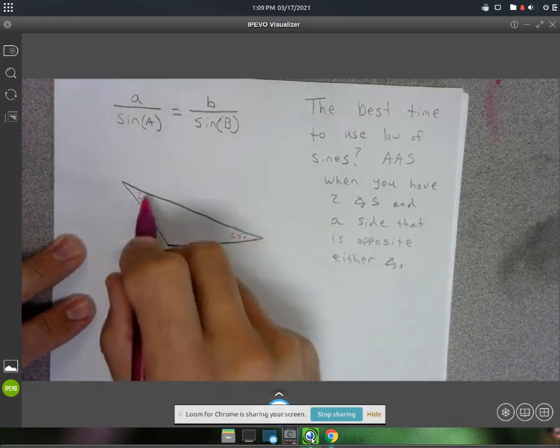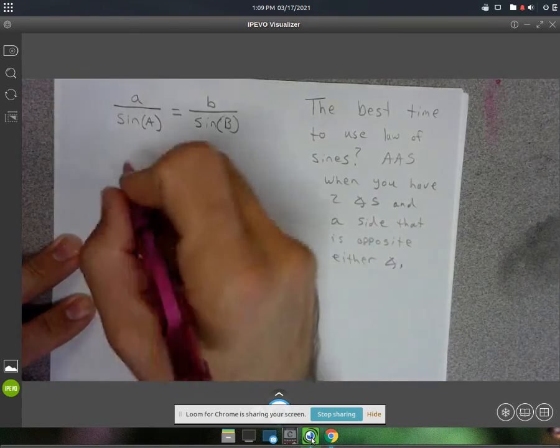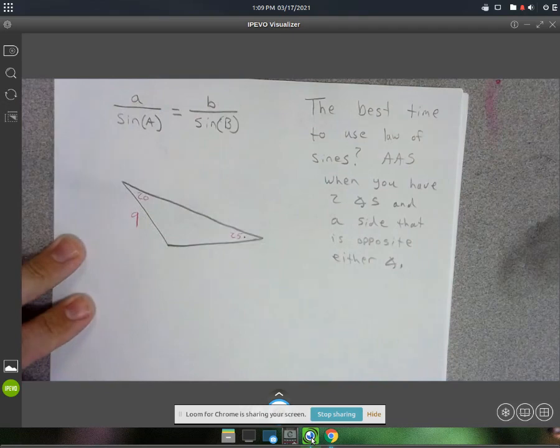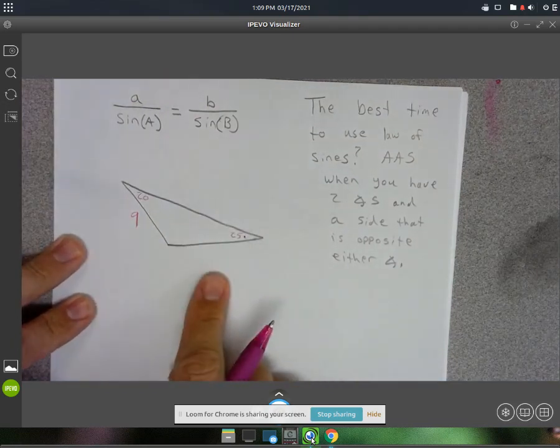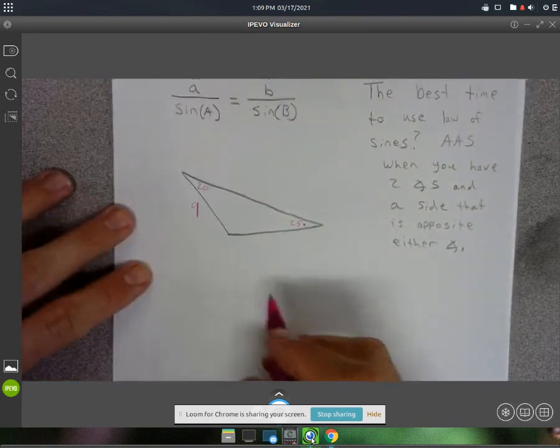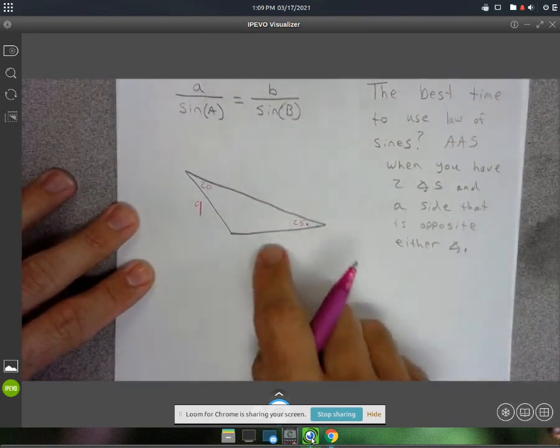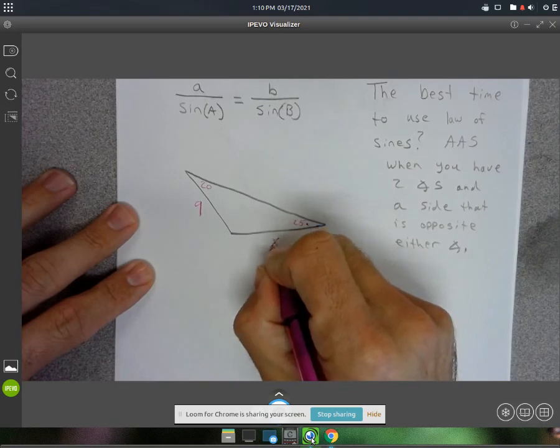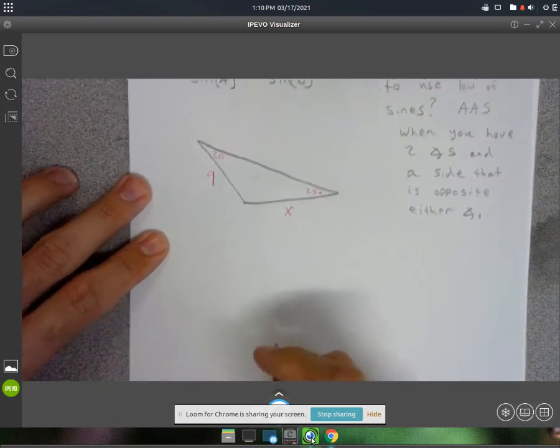So I've got 25 degrees, 20 degrees. We're going to call this 9, and we're going to solve this triangle. It's not too bad. To start, I'm going to solve for this leg right here, the one that's across from the 20.